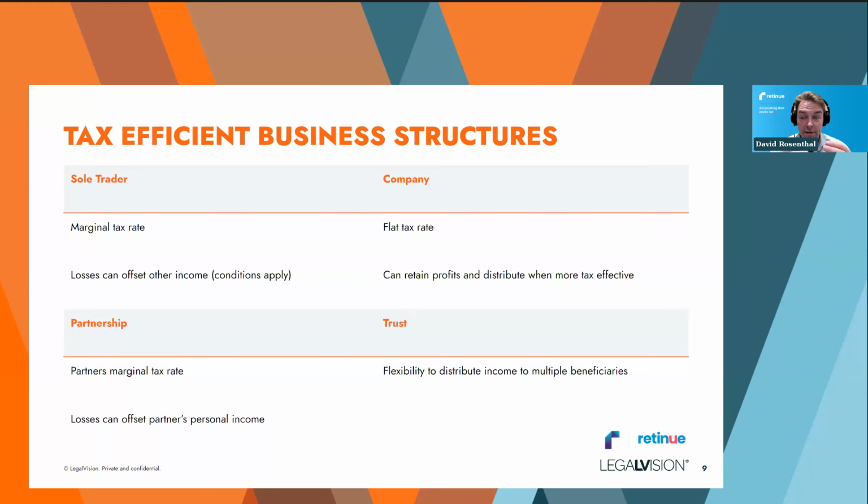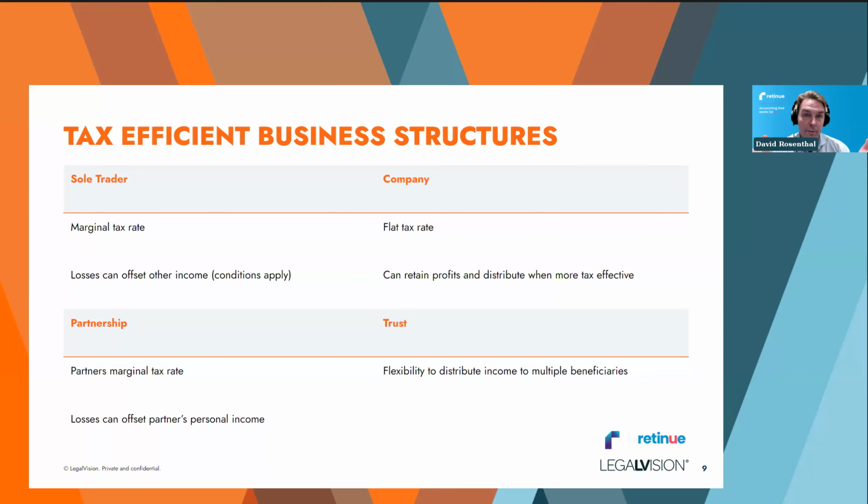So one of the advantages is you don't just have one marginal rate, you have two marginal rates now. If neither of you is earning any other income, but the partnership earns around $40,000, $20,000 goes to each of you, and you won't be paying tax on $40,000, which is a bit of an advantage.